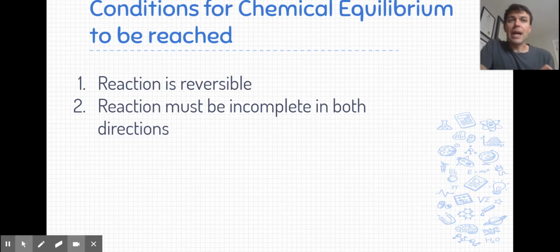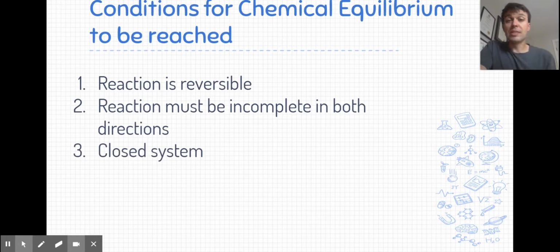Secondly, the reaction must be incomplete in both directions, both in the forward direction and in the reverse reaction. Another way of saying that condition is that there always must be some chemical species of every single chemical that's involved in the reaction present. Okay, we can't use up everything going in one direction. There's always got to be something present.